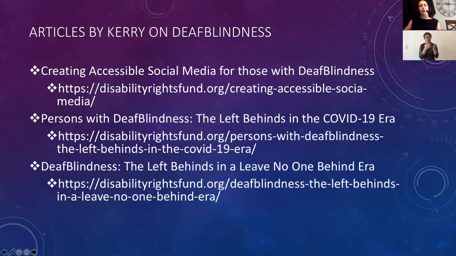Okay. On this page, I am sharing 3 different articles that I've written for Disability Rights Fund on how to accommodate people with deafblindness. The first article is about creating accessible social media for those who are deafblind. Last week's webinar was more general.